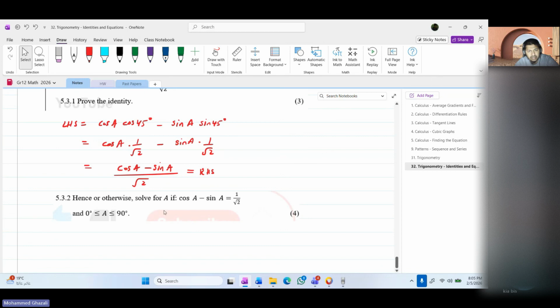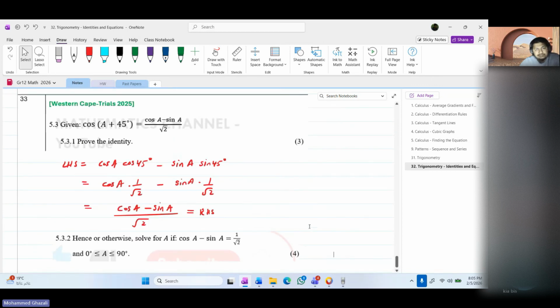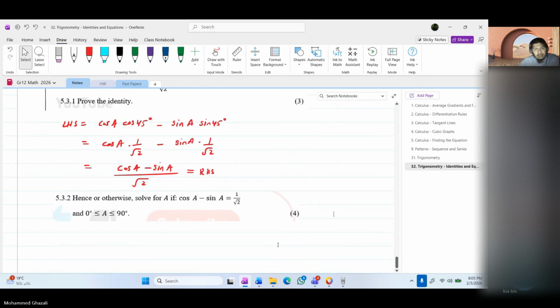Hence, or otherwise, solve for a if cos a minus sine a is equal to 1 over root 2. What they said is, if cos a minus sine a is equal to 1 over root 2. If they told us this, right?